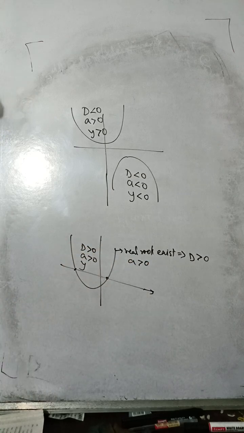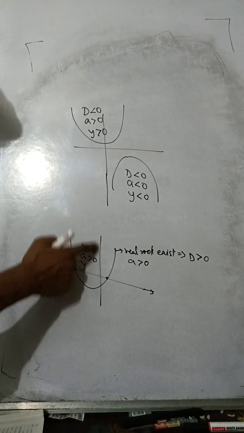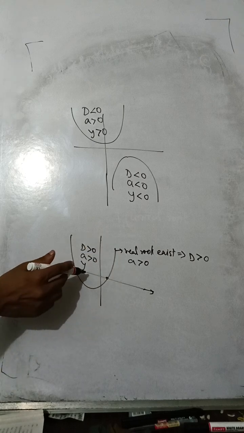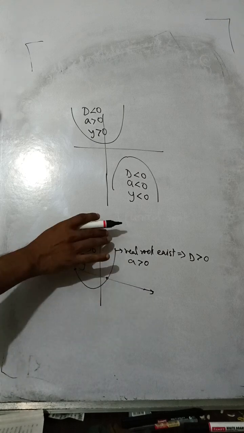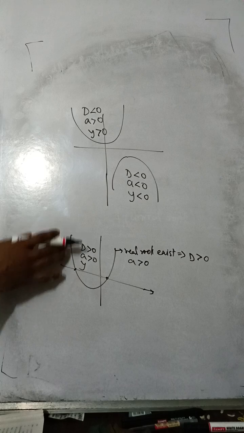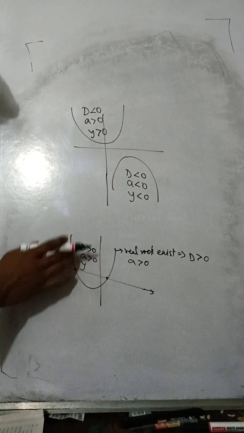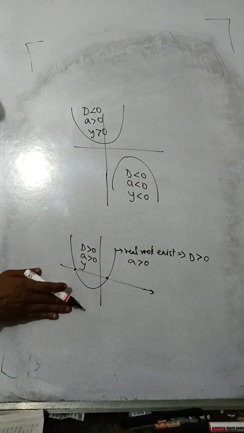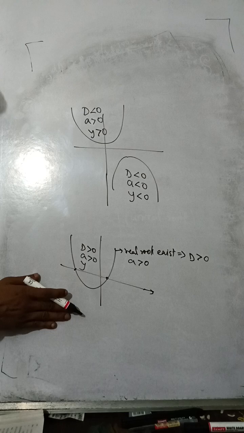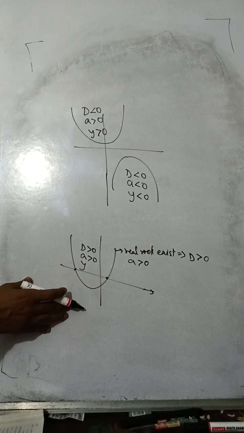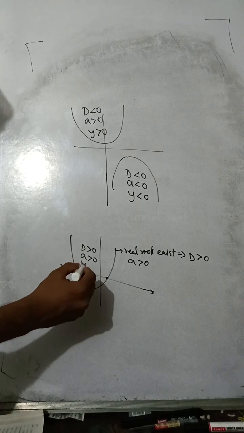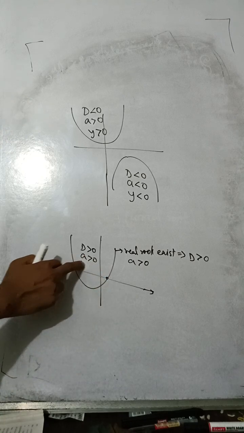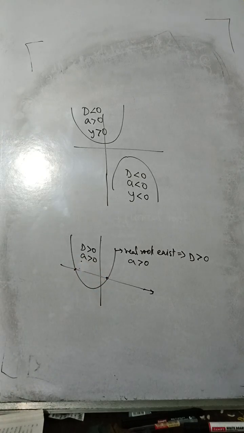And what about y here? Here y is positive and also negative. Why? Because this curve is not lying only in one region, above the x-axis or below the x-axis. It is spanning both regions. It is in the positive y region, and it is also below the x-axis, in the negative y region. So we cannot make any judgment about y here.